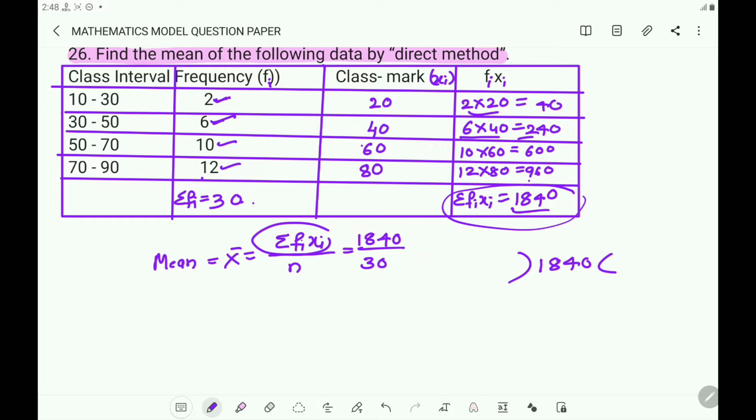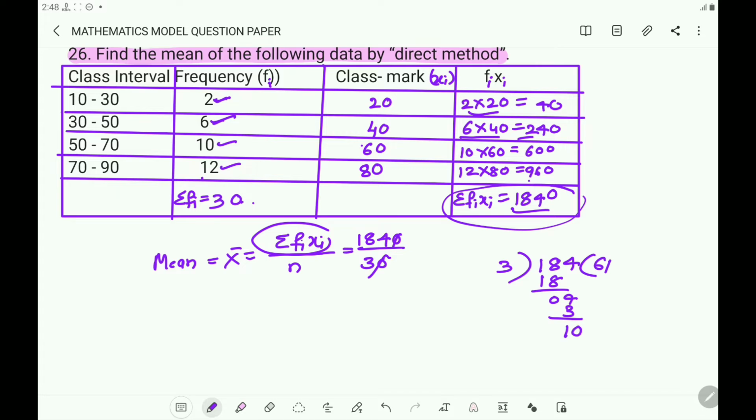1840 by 30. Here also you can cancel this 0 and you can divide 184 by 3. 3 sixes are 18, 0, and what is remaining? 4, and 3 ones are 3. 4 minus 3 is 1.